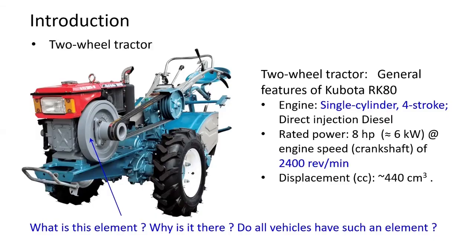The engine displacement, or the engine capacity, is about 440 cubic centimeters. Just keep those numbers and values in mind for the moment. As we discuss, you will be able to relate these parameters to the requirement of having such a big solid disc as you see on this tractor.